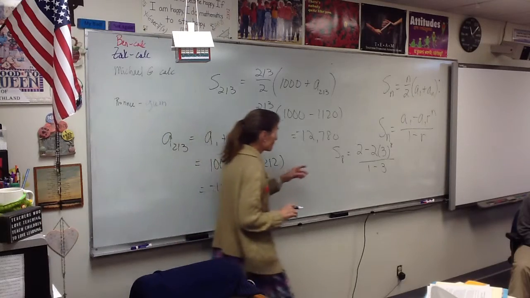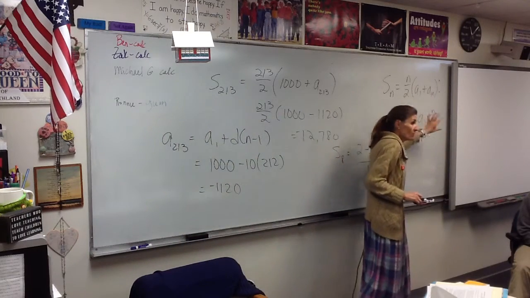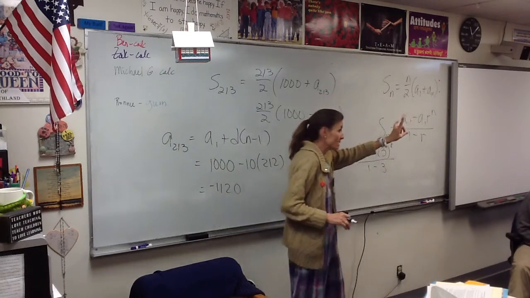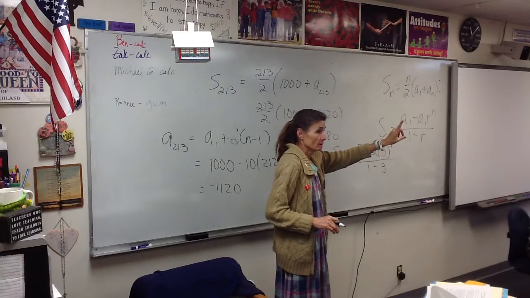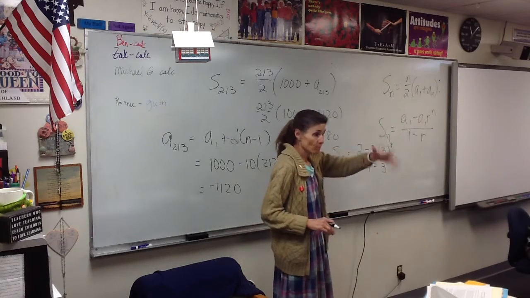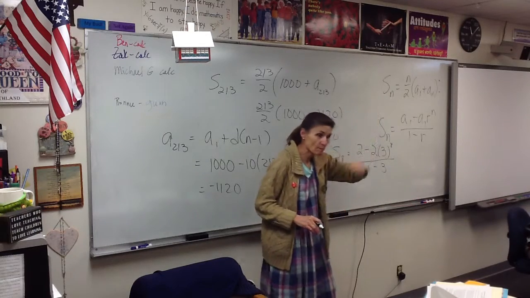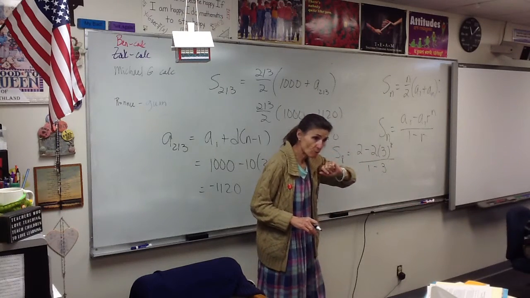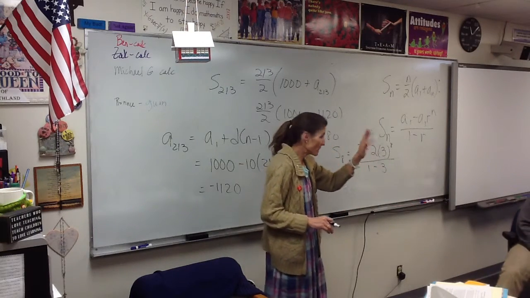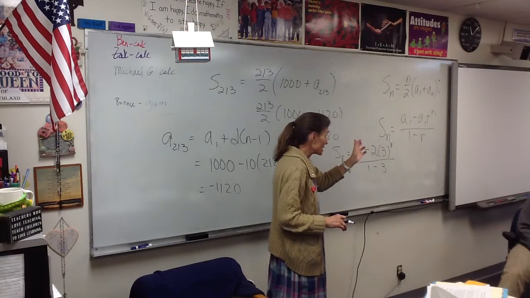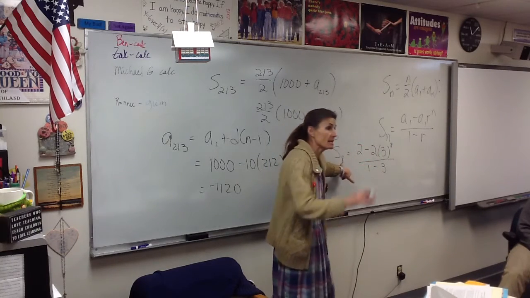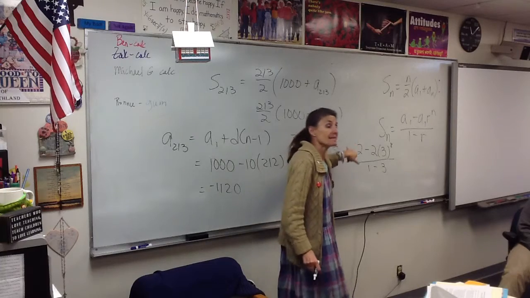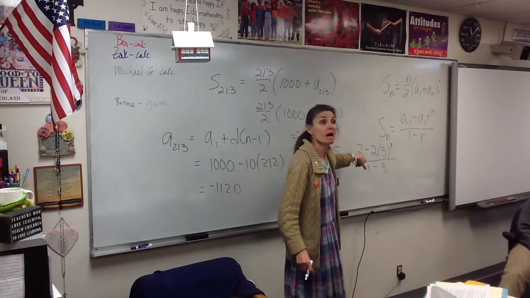Now, do you understand where I got all the numbers I put into this formula? What does A sub 1 stand for? First number. First number's 2. What's R stand for? Common ratio. That's what we times by, which you said was 3. N is 8. How do I know N is 8? It tells me in the problem, S sub N.